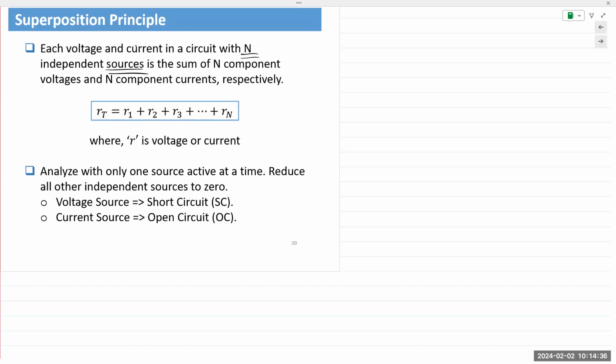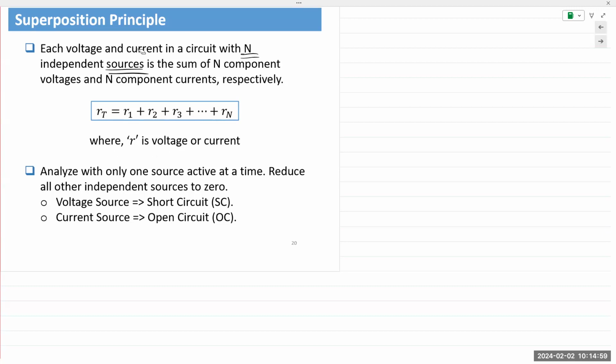So it would be 1 plus 2 plus 3 all the way to n. Okay, so RT would be R1 plus R2 plus R3, so on and so forth until Rn. Basically, n number of parts, you add it all together, that total would be RT. And again, R could be voltage or current.